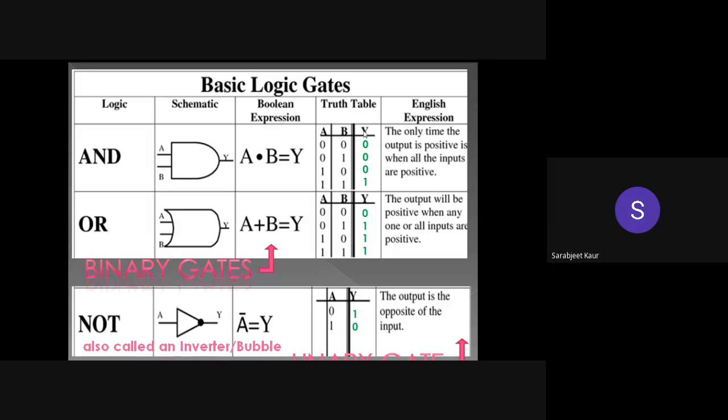This truth table lists all possible input combinations that we have just discussed, yes or no? And on the other side, it lists the corresponding output which this particular gate will give depending upon the definition of this gate.